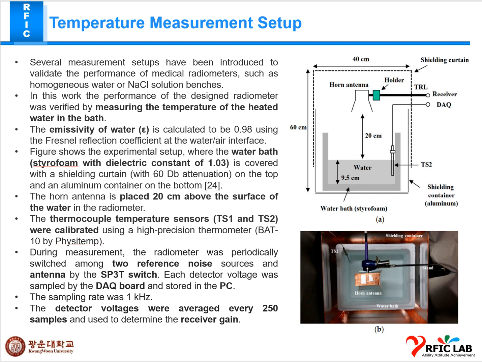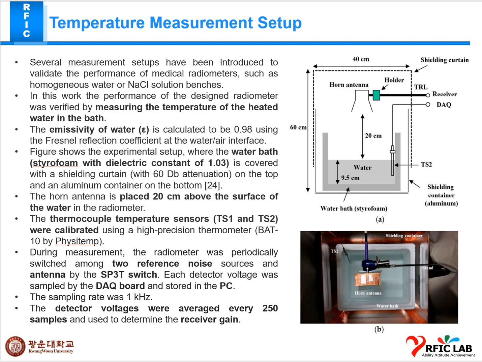During measurement, the radiometer periodically switches between the reference noise source and the antenna by the SP3T switch, and the detector voltage is sampled by the DAQ board, and all this data is stored in the PC.